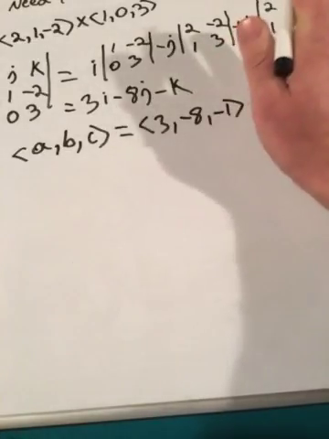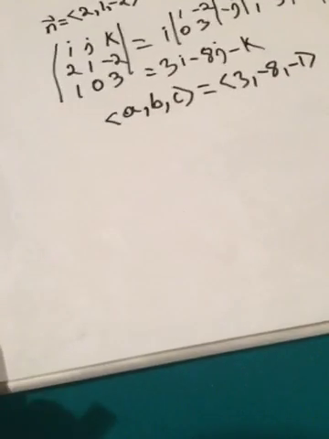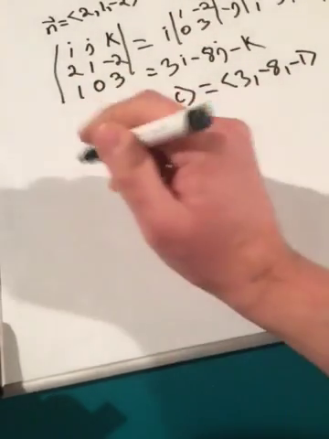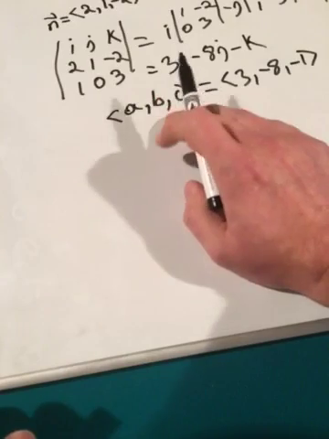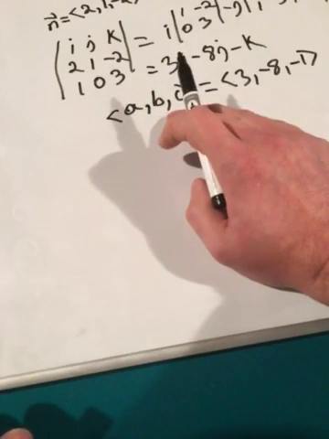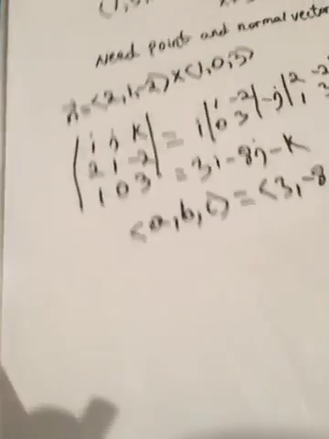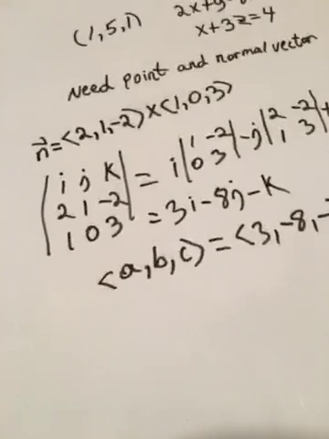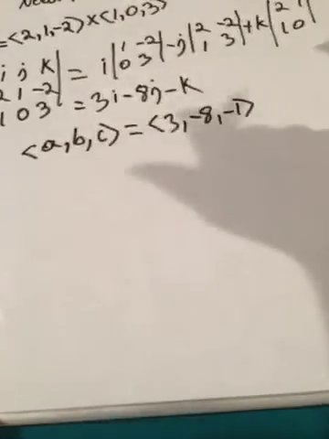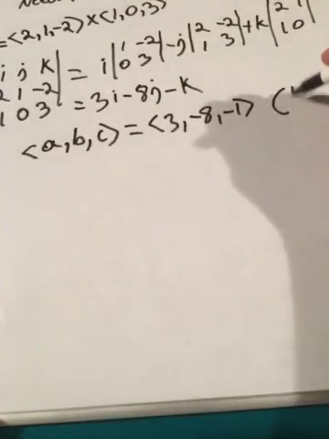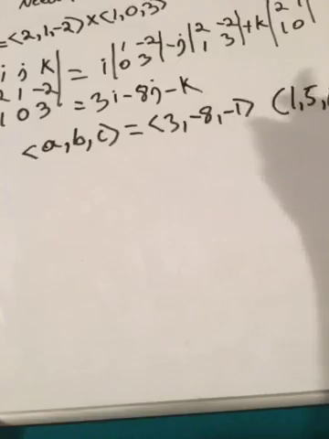And that's all we need. Then the equation of a plane is given by, if we have our vector here, ABC, and a point that was given to us originally. Our point was 1, 5, 1.